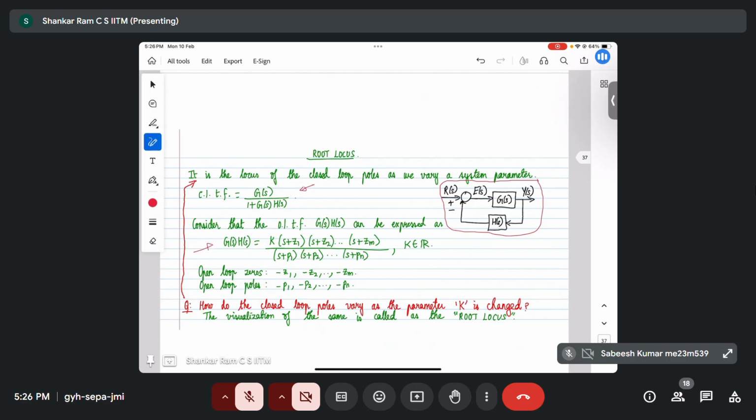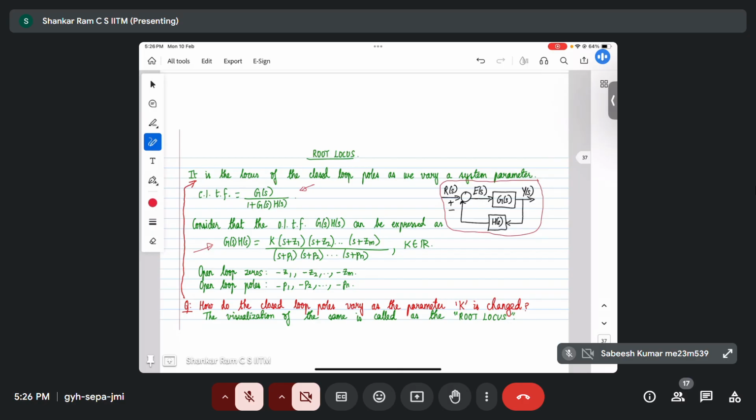Now let's say we take G(s) H(s) to be another canonical form. Please note the difference between the previous form and this form. When we did steady state error analysis, previously all constant terms were one in the numerator and the denominator.